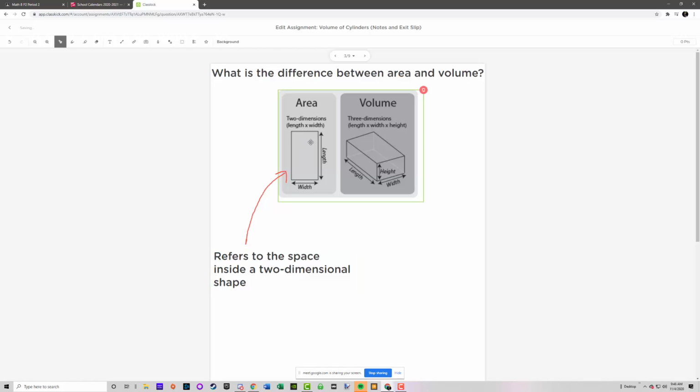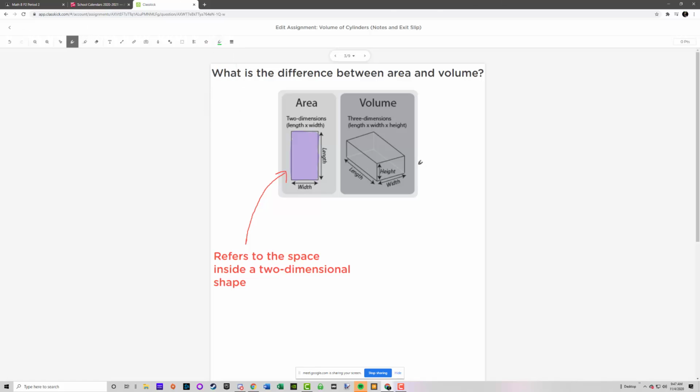If you take a look at this rectangle here, a rectangle is a 2-dimensional shape, and when I ask about the area, I'm not talking about the distance all the way around. That's the perimeter. The area, ladies and gentlemen, is the amount of space inside that 2-dimensional shape.